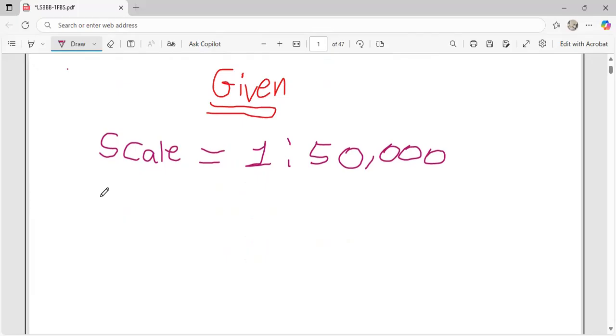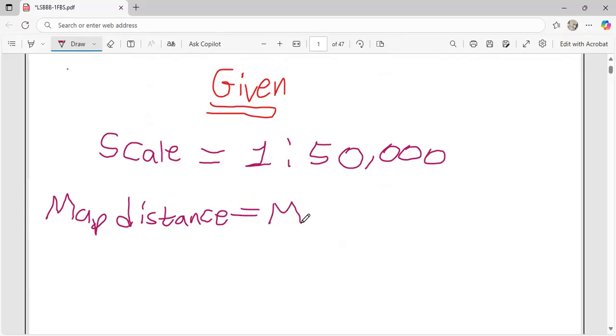So it means that we can call this our map distance. Map distance, and our map distance, they say, is equal to 4 centimeters. So our map distance can also be denoted as MD, which is equal to 4 centimeters.